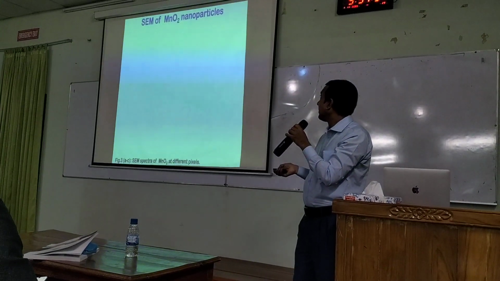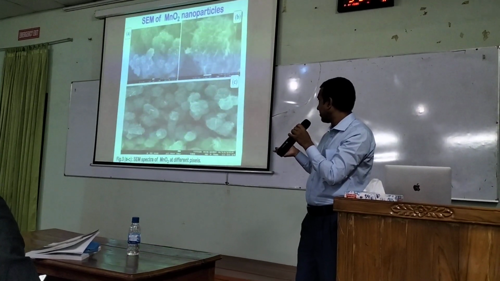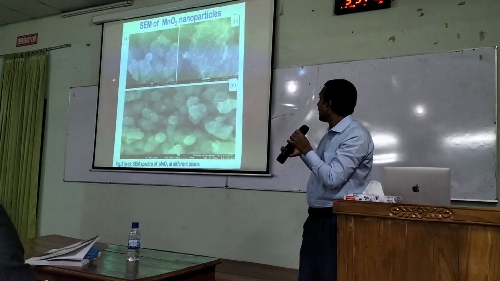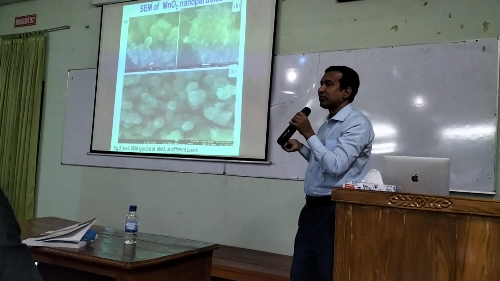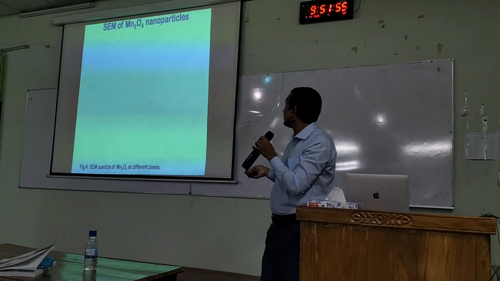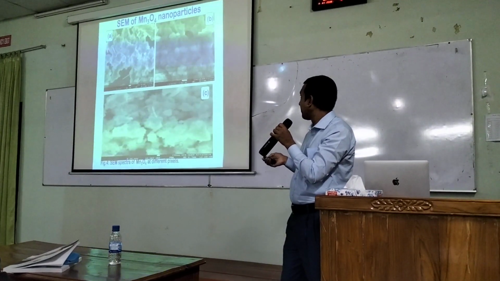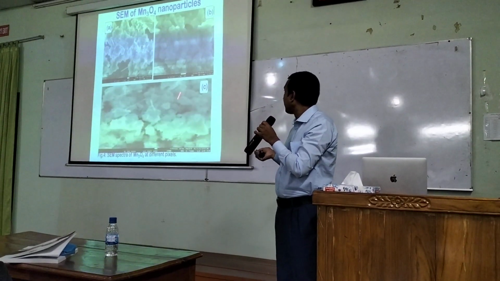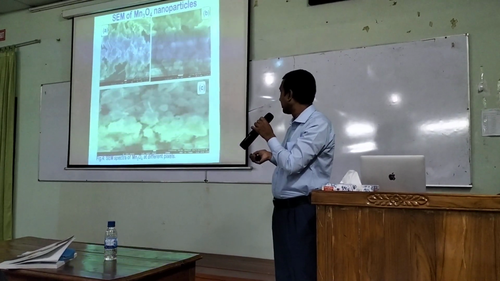And then we also took SEM analysis at different pixels. From this, we see that the particles are rod-like with different sizes. Then we also see SEM of osmanite. From this, we see that there are particles of different shapes and sizes, looking like aggregated particles.